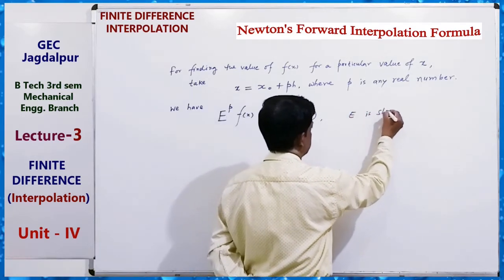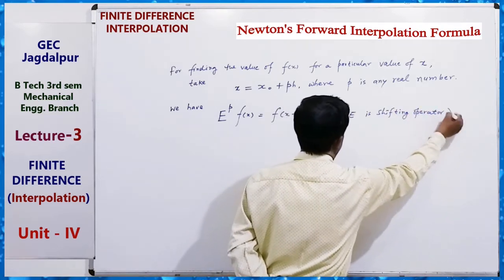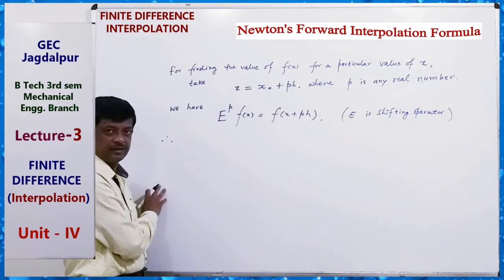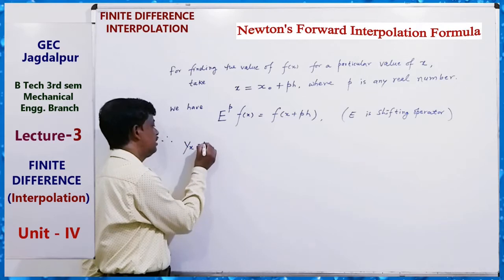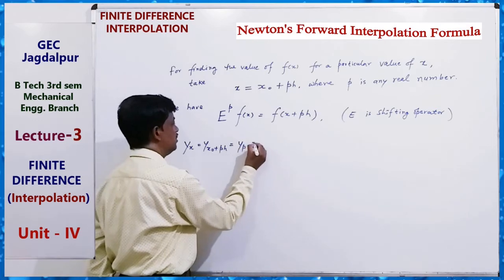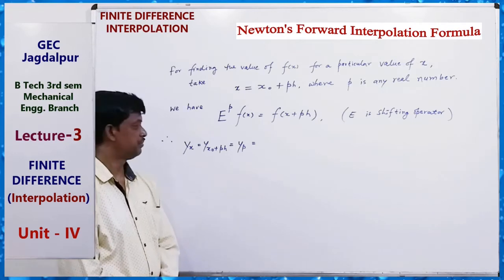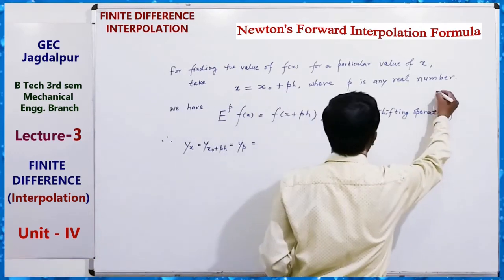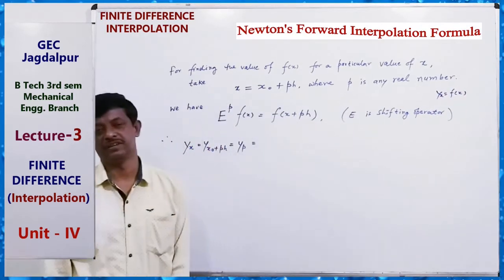E is the shifting operator. There we want y(x), that is y(x0 plus ph), that is y_p. You can write any of these three. Clear? So y means y equal to f(x). Here y means y(x) and f(x) are the same thing.